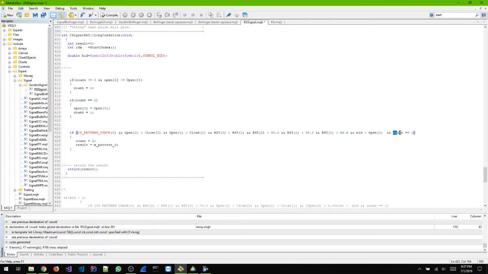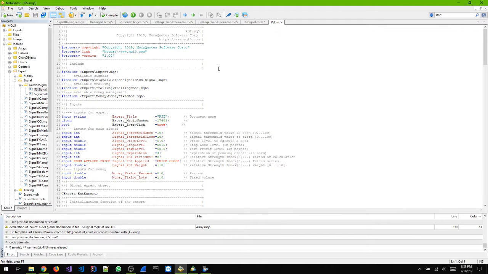And here, this is just a variable to make sure that only one trade is open per candlestick, because if I take this out, it would execute more than one trade per candlestick, since I have it set to check every tick. This used to be false and I set it to true.